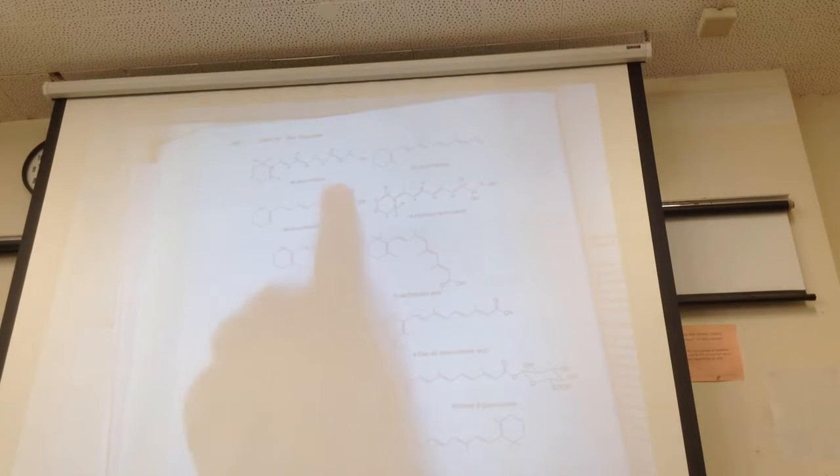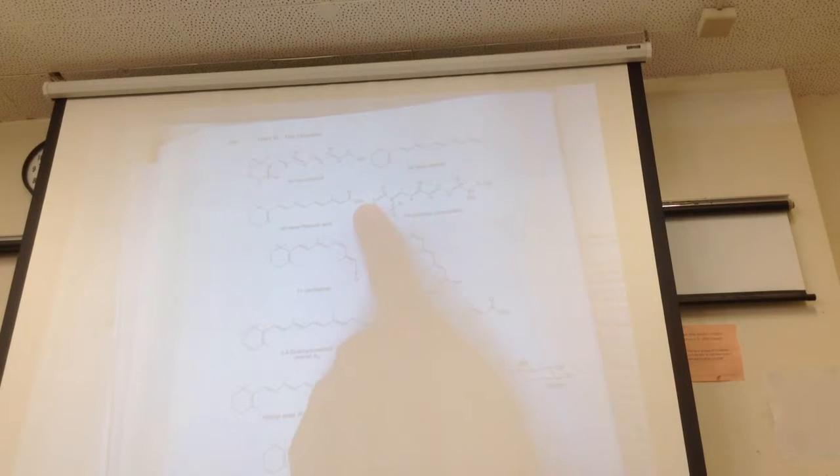In retinol, it ends in an OH, which is what the OL ending means, an alcohol. And you notice there are 1, 2, 3, 4 trans bonds attached to this 6 carbon ring. Retinoic acid is exactly that structure with a carboxylic acid group at the end. Same exact structure, no changes.